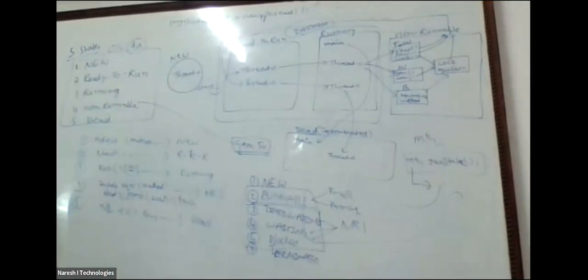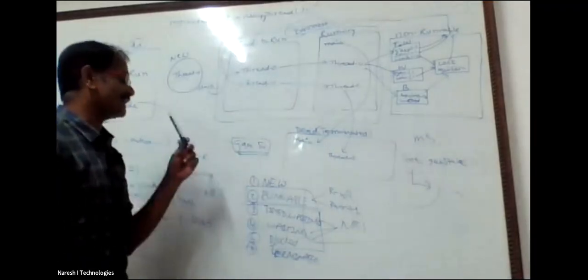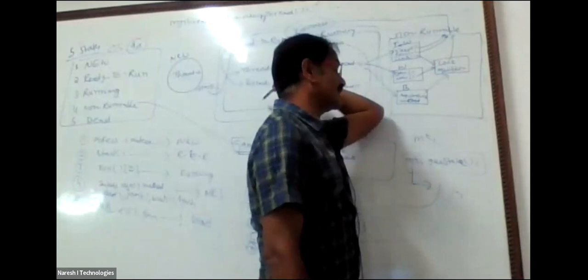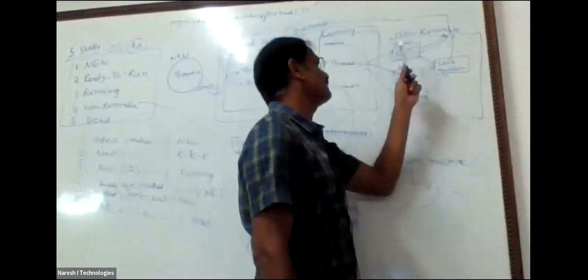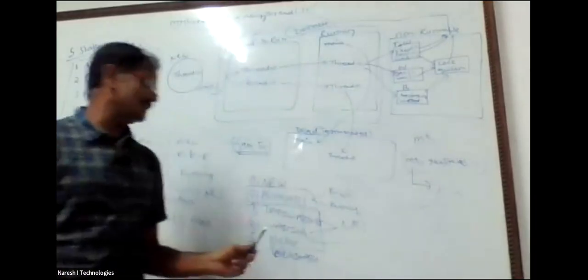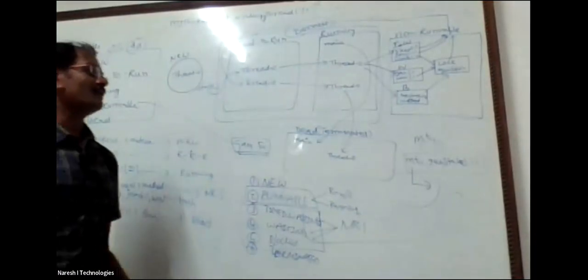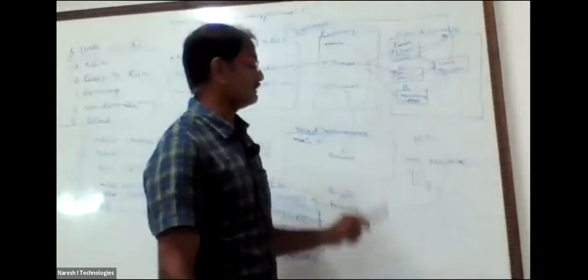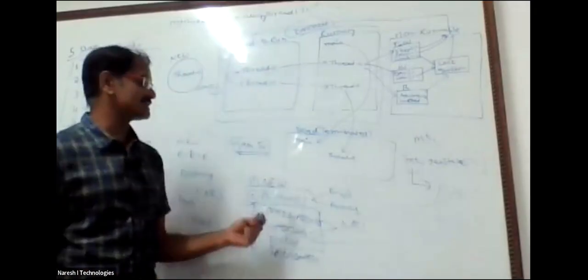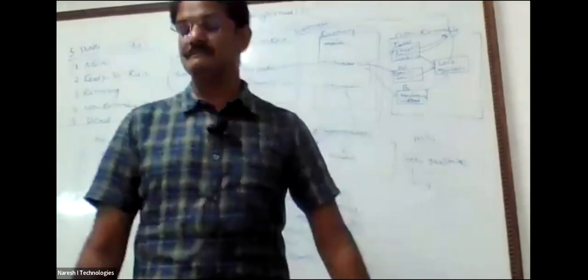If I call getState after the start method call, which state name will we get? Runnable. If I call getState inside the main thread or another thread when the thread is in timed waiting, after a sleep method call, then what name will come? Timed waiting. If I call getState after run completed, which name will we get? Terminated. In order to retrieve the state names, what is the predefined method available? getState. Okay, clear?